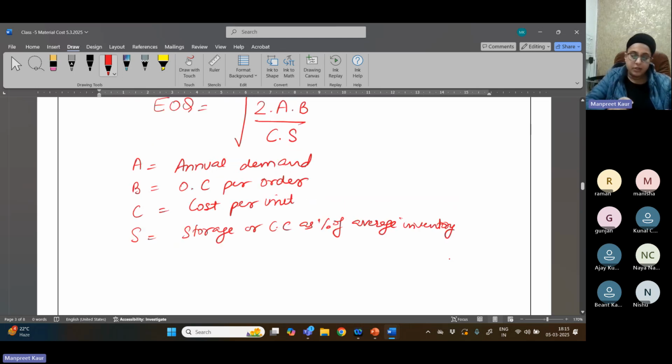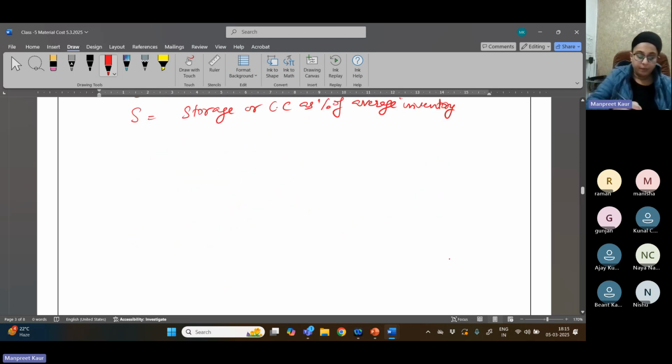A means annual demand, B is the ordering cost, 2 into A into B divided by cost per unit multiplied by carrying cost as percentage of average inventory. We will do the practical questions and it will be clear to you.